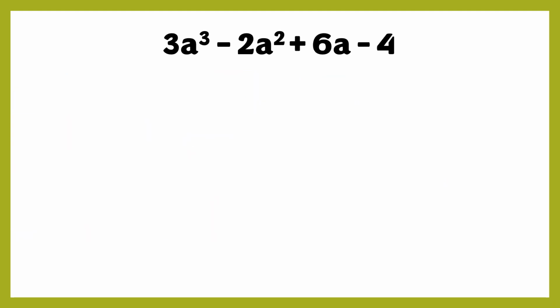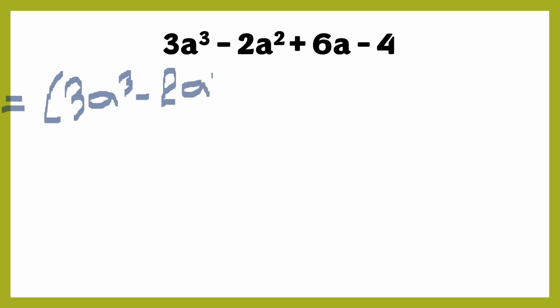Okay, we have 3a cubed minus 2a squared plus 6a minus 4. Again, the given polynomial has 4 terms. Okay, now let's group them into 2 binomials. First, we have 3a cubed minus 2a squared.